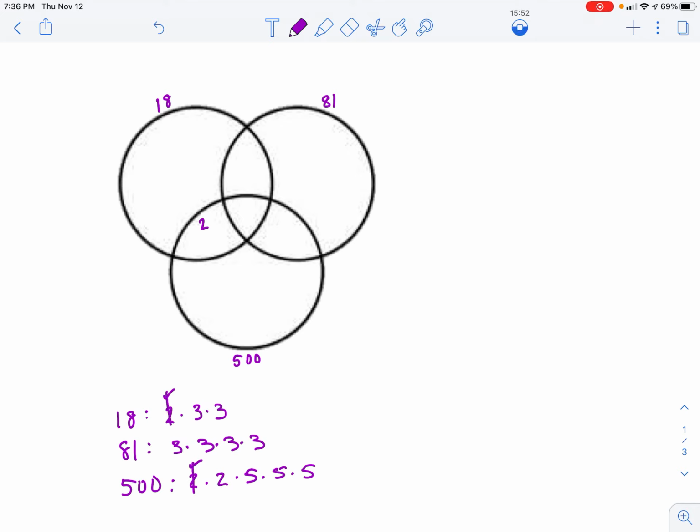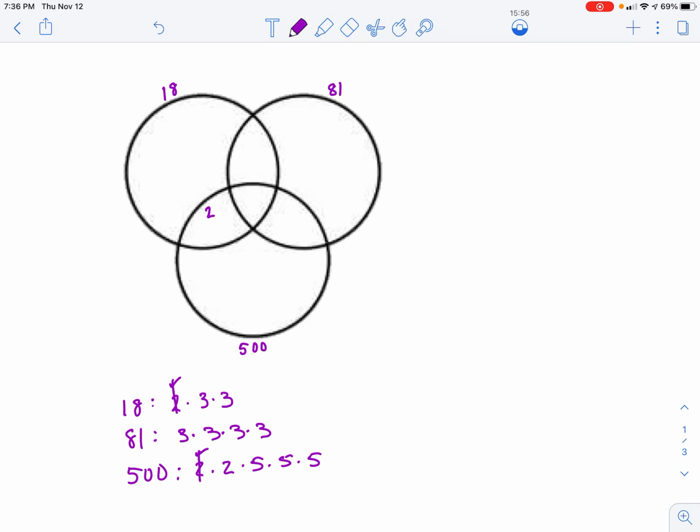Okay, now I also have some 3's. Well, let's grab this other 2. With 500, there's another 2 down here on the bottom, and he can't pair up with anybody, so he's just going to go in the 500 circle. Let's look at our 3's. I have 2 3's in 18, and I have 2 3's sitting here with 81 that I can pair up.